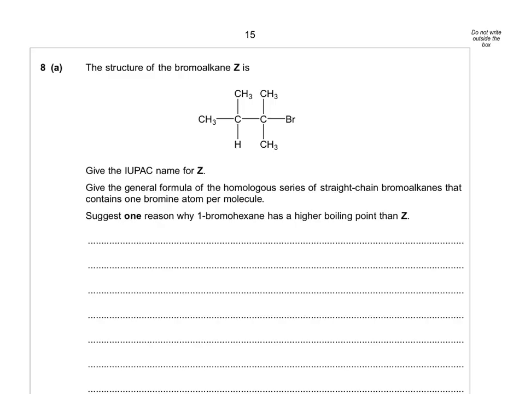The final question, the structure of bromoalkane Z is this. Give the IUPAC name for Z. So, longest chain first. Got 1, 2, 3, 4. So that is going to be but-, and there's no double bond, so it's butane. And then what have you got left? What's on this chain? So you've got a methyl group, and a bromo.